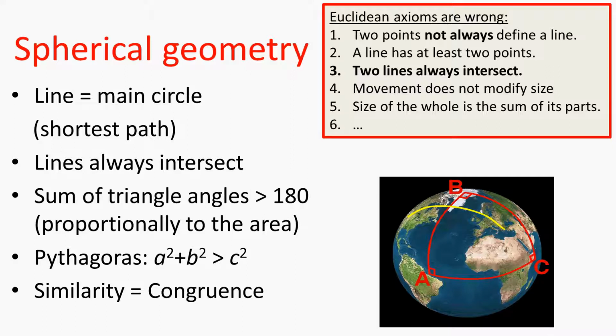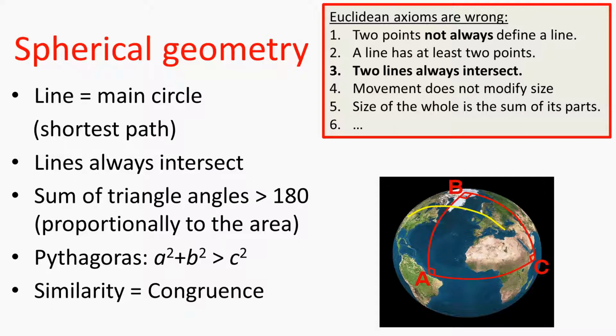Recall that points and lines, these basic concepts, are defined by the axioms implicitly. We cannot take the axioms of the Euclidean geometry and the concept of the line based on this Euclidean interpretation and enforce it onto the spherical space. The concept of line should be reinterpreted according to this new space.